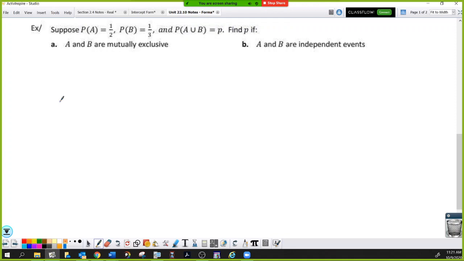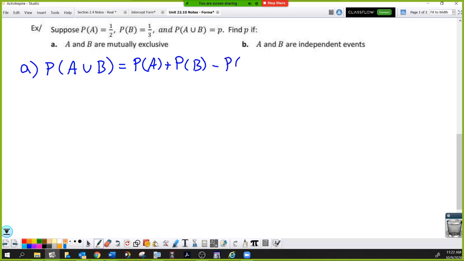Well, since they don't overlap, the probability of A union B, I'm going to write the addition law of probability. It was supposed to be the probability of A plus the probability of B minus the probability of the overlap, but mutually exclusive implies that this equals 0.